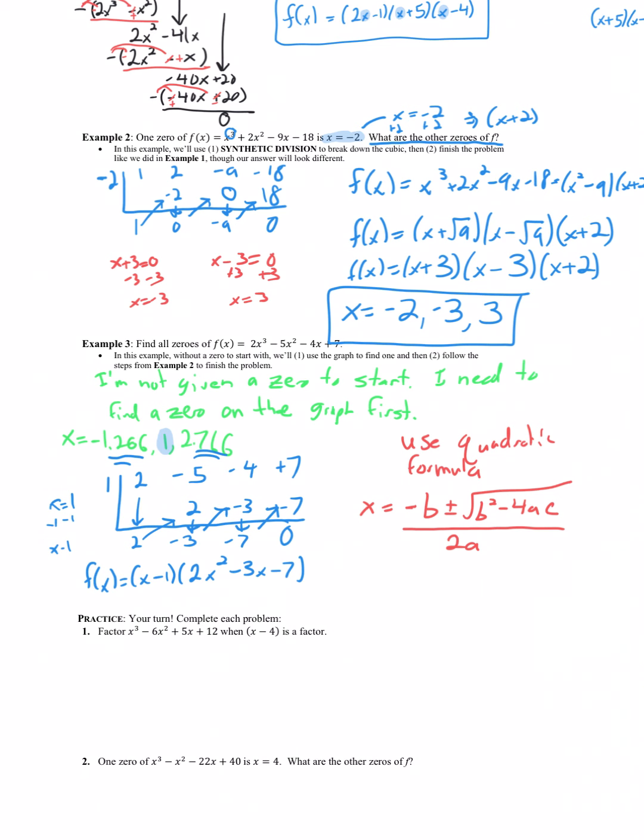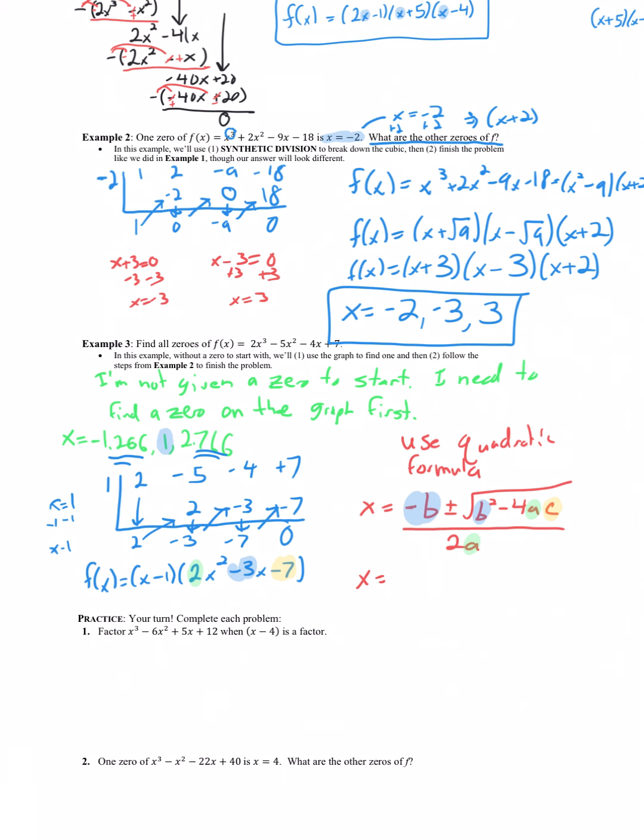Remember, the b value is going to be the -3. The a value is going to be the +2. And the c value is then -7. So I can plug those values in now.